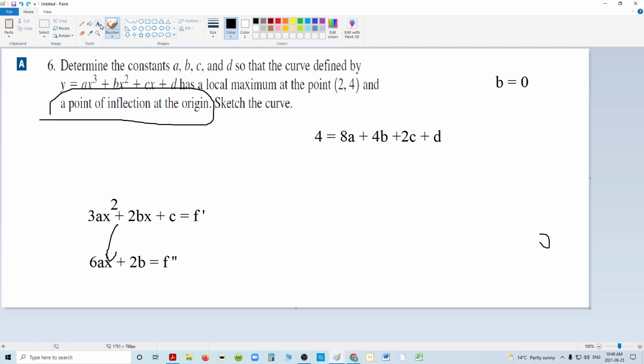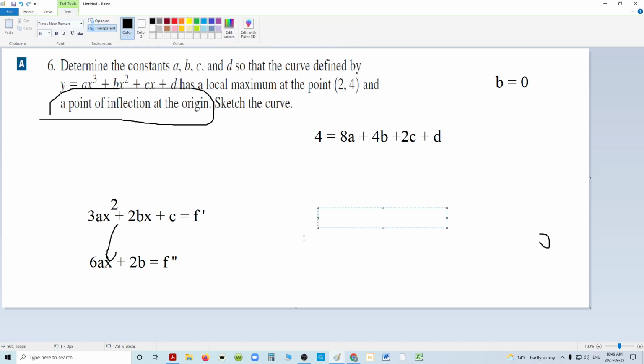So that means when x is 2, 3ax squared becomes 12a. And when x is 2, plus 4b, but we've determined b is 0, so let's get rid of it. And the only thing we're left with is c. And we know that's going to be equal to 0, which means that c is equal to minus 12a.